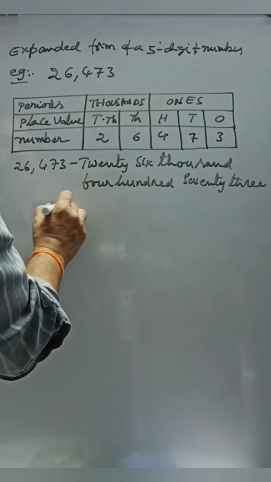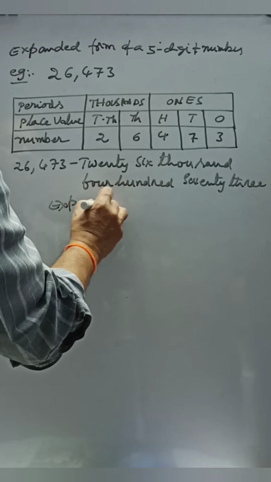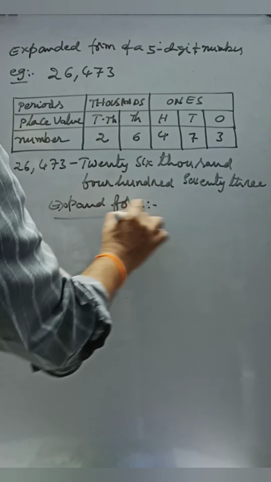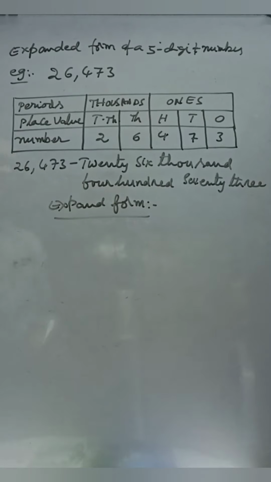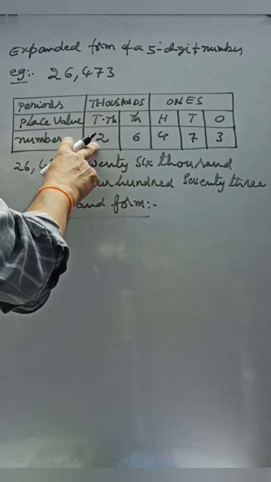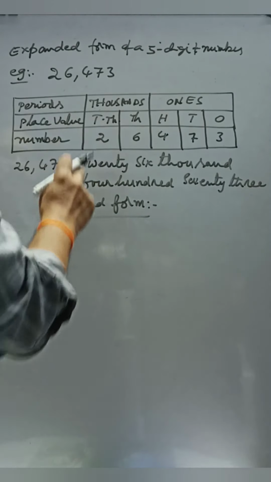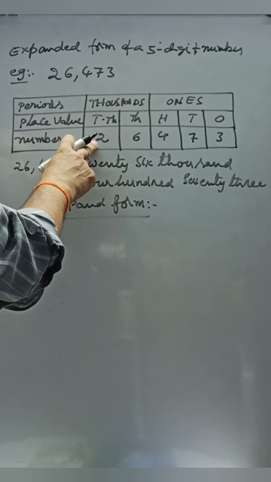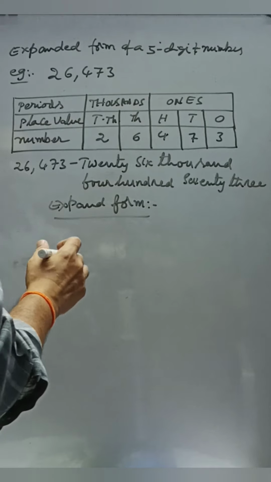And to write the expanded form, we begin with 2. 2 is in the 10,000 place, so the face value of 2 is 2, and the place value is given by 2 into 10,000.